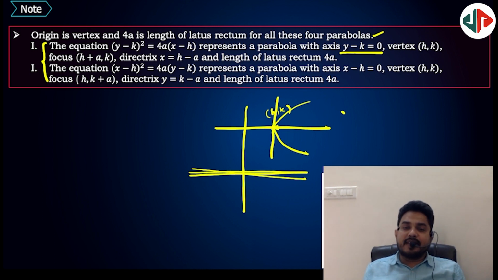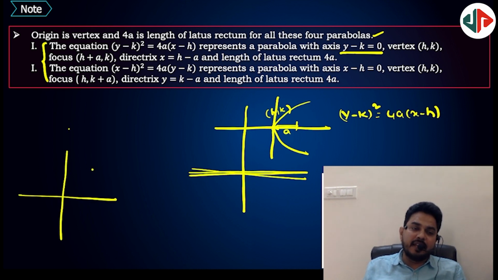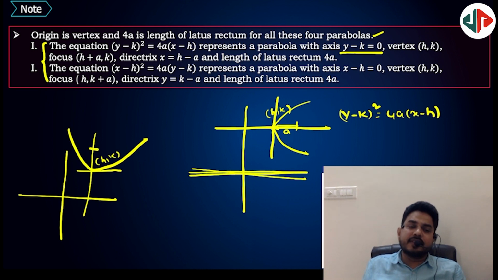So this is y minus k is equal to 4a into x minus h, where the length of the latus rectum is 4a and the focus is a units away. Similarly, this point is h comma k, focus is a units. This is x minus h whole square is equal to 4a into y minus k.